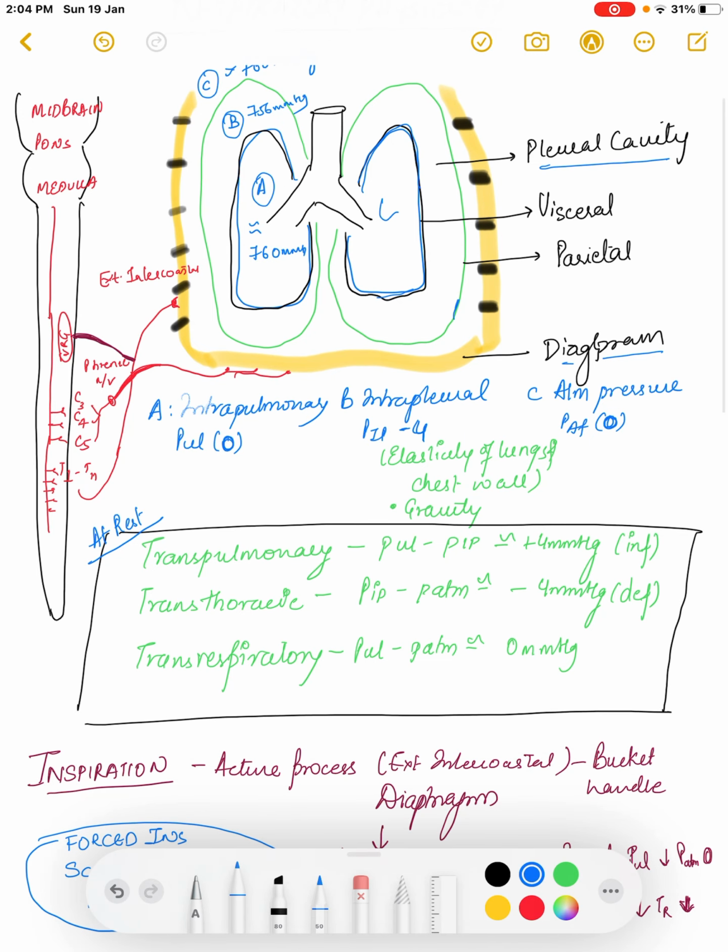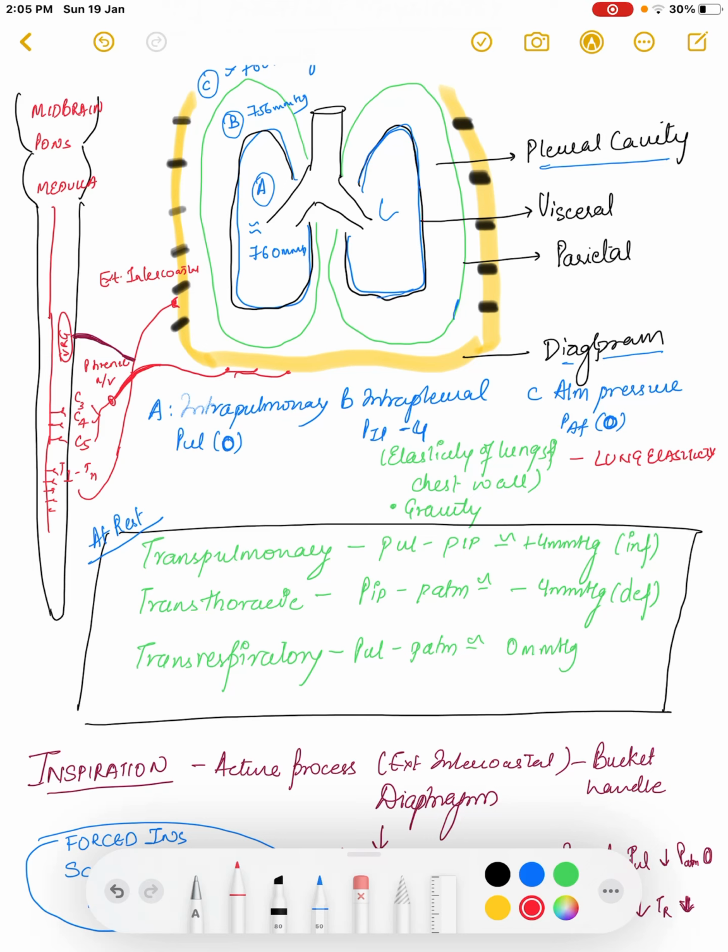Now we should understand why the intrapleural pressure is negative. The lungs are an elastic structure, and because of lung elasticity, they have a tendency to collapse, while the chest wall has a tendency to go out.